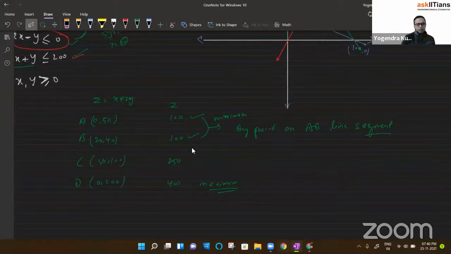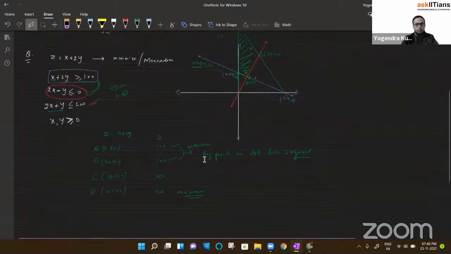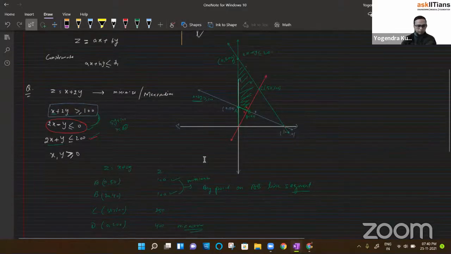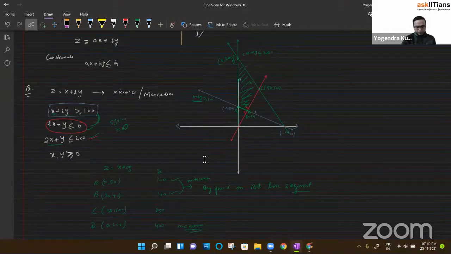Is everyone getting it? Just cross-check your answer, guys. Does it make sense to everyone? So the maximum is 400 at (0, 200), and the minimum is 100 at B and also at the other end point, or at any other point on this line segment.